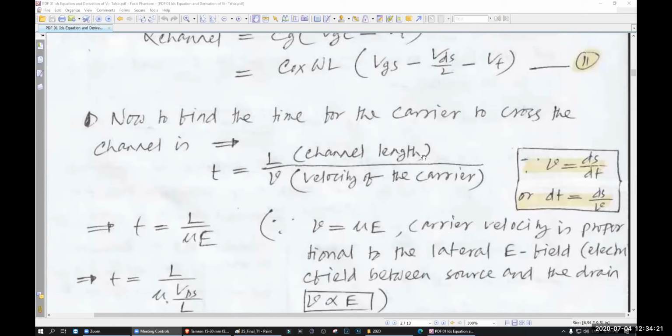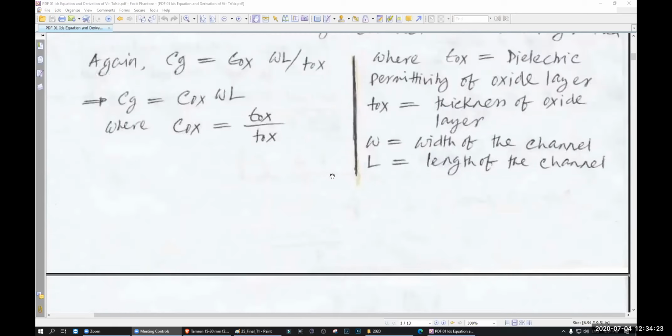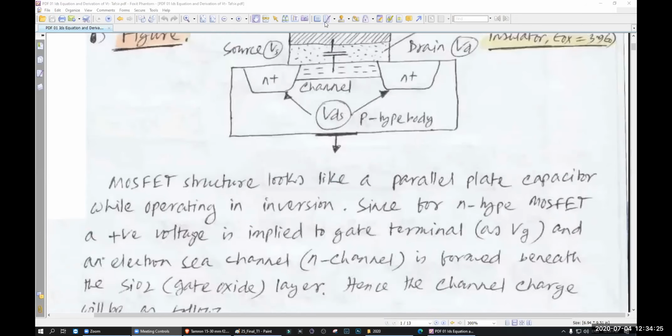L is the length of the channel. What do I mean by length? Length is this, L. What do I mean by width?